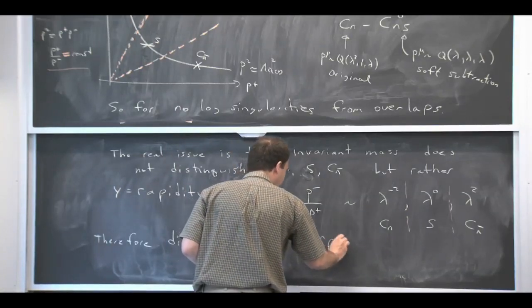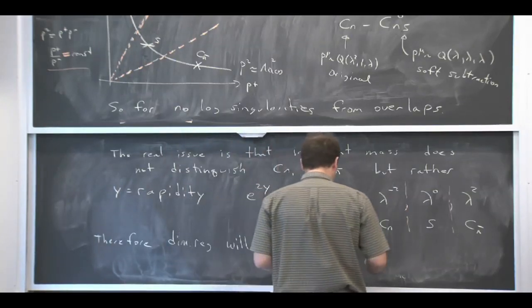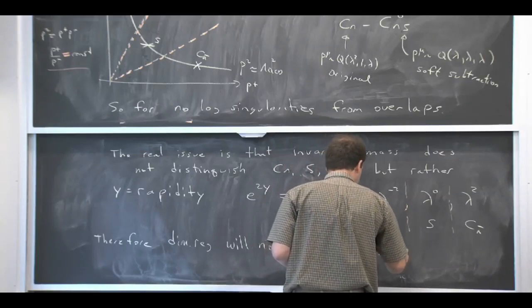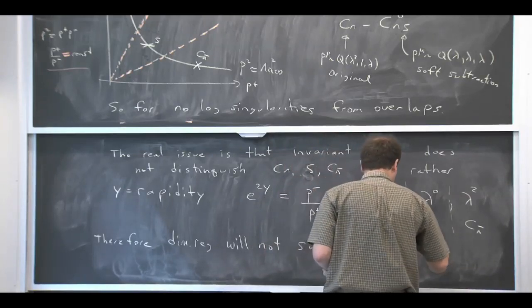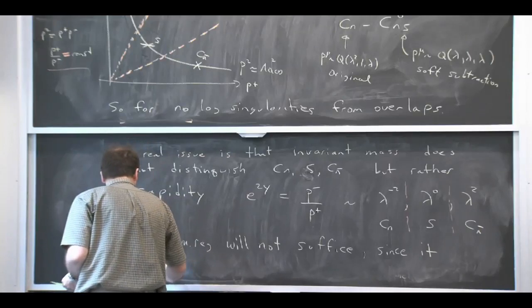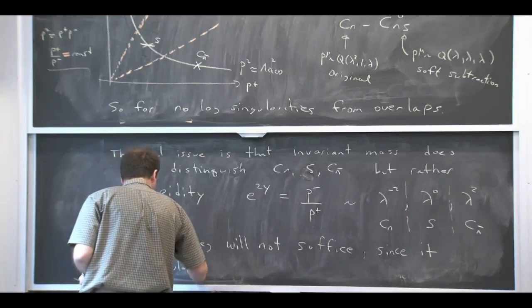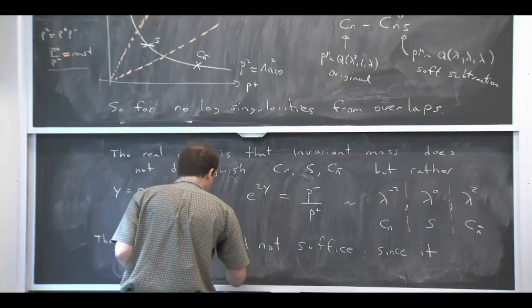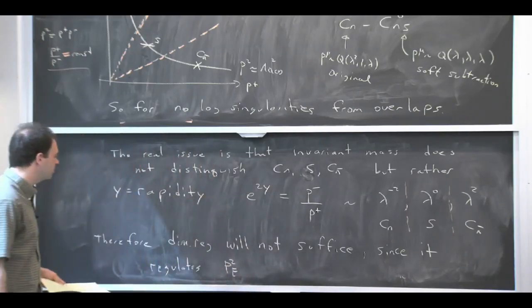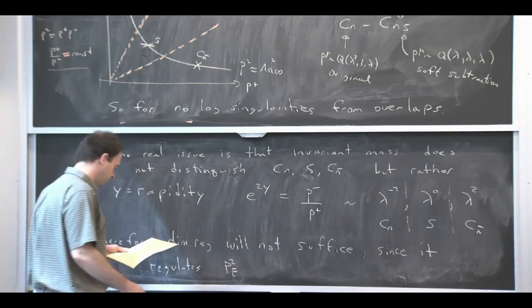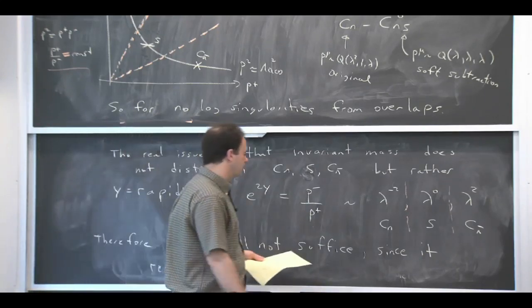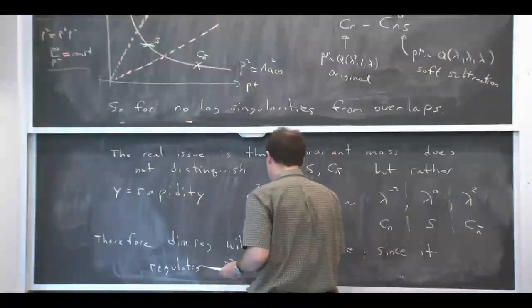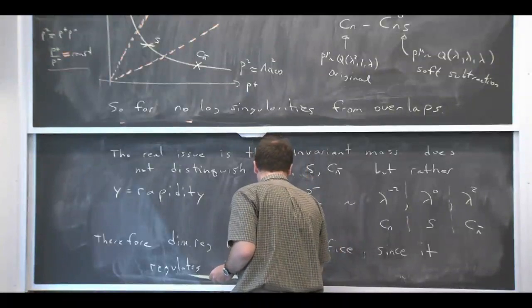There's a complication that dimensional regularization doesn't suffice. So you could think of it as regulating p Euclidean squared once you do the Wick rotation, for example. So it separates hyperbolas, but it does not separate modes along a hyperbola.